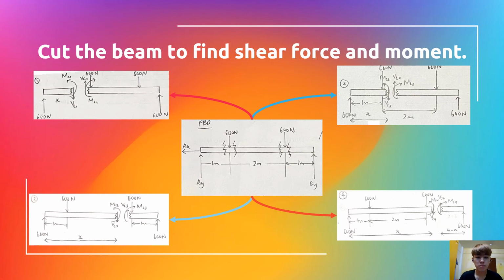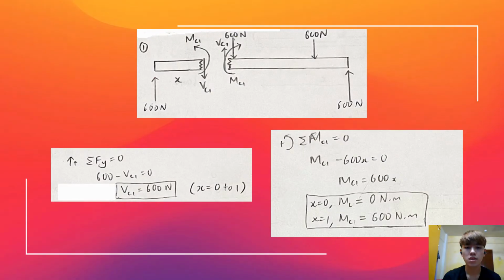Thirdly, I cut the beam into 4 different parts before and after each of the 600 Newton forces. The first cutting is done before the 600 Newton force, and then I used again the resultant force of Y equal to 0. Then I managed to come out with the shear force, which is equal to 600 Newton at the cutting point.